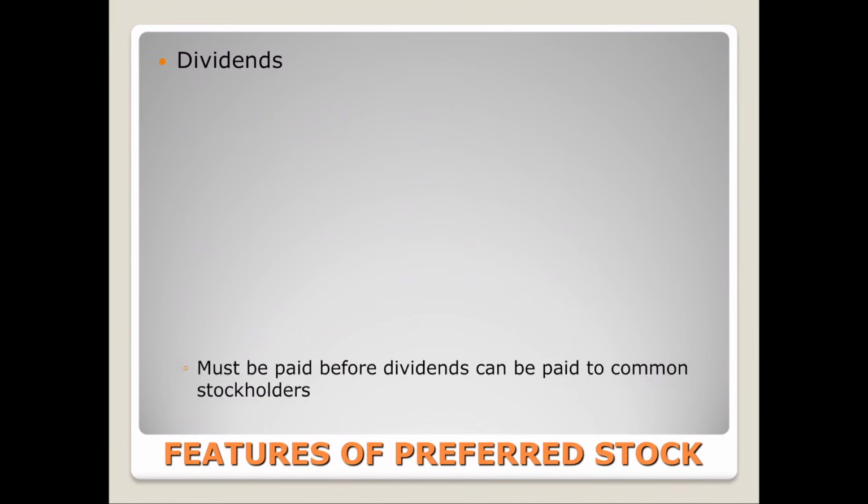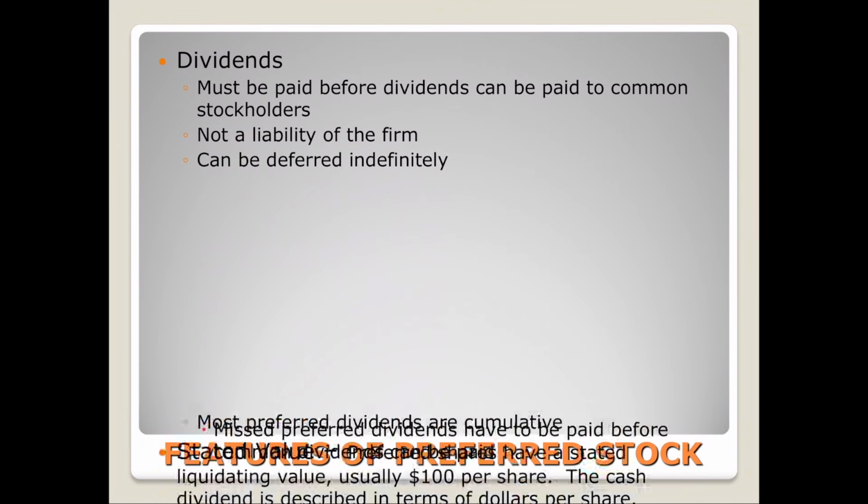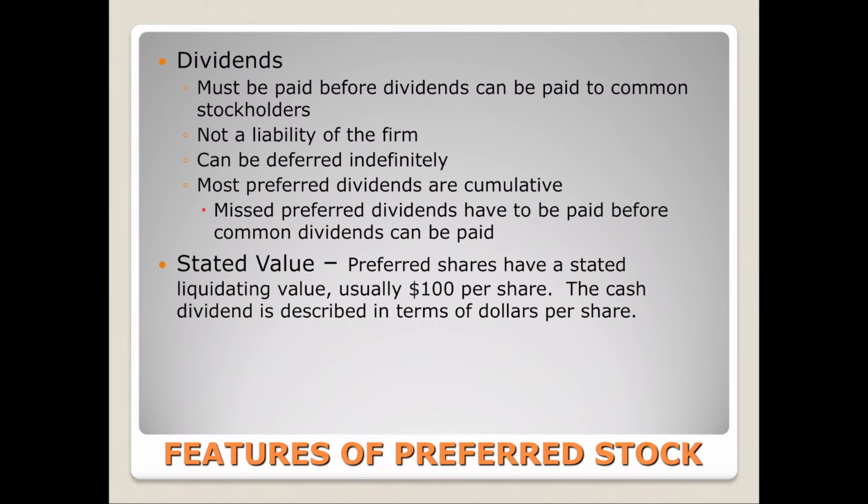Moving on to preferred stock. With preferred stock and dividends, these dividends must be paid before any dividends are paid to common stockholders. Again, they are not a liability of the firm. However, they can be deferred indefinitely and they are often cumulative. If they are cumulative and there are missed preferred dividends, these missed dividends must be paid before any common dividends can be paid.